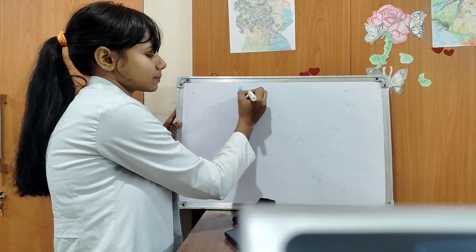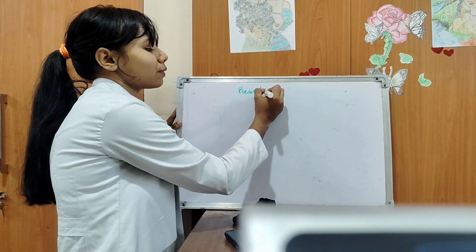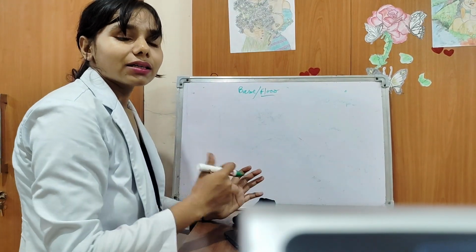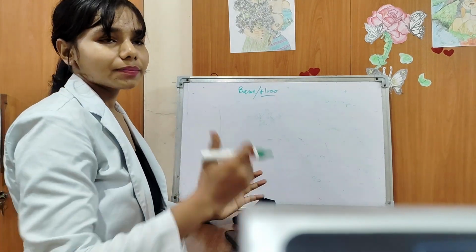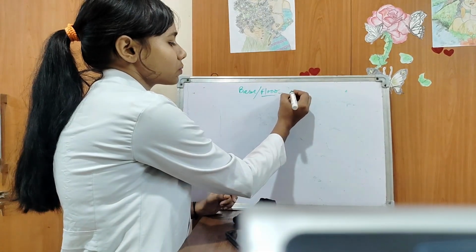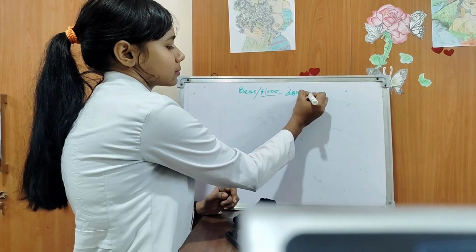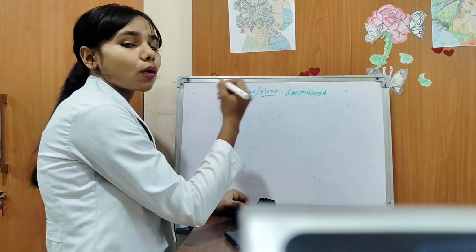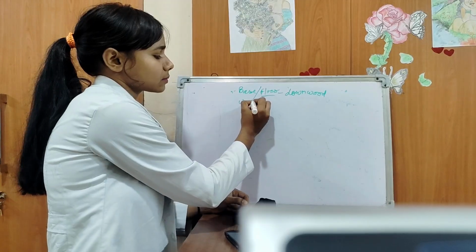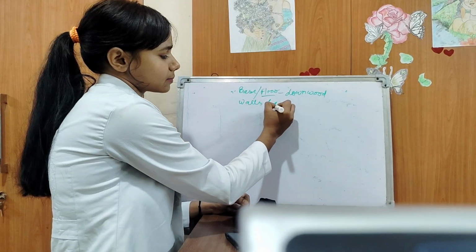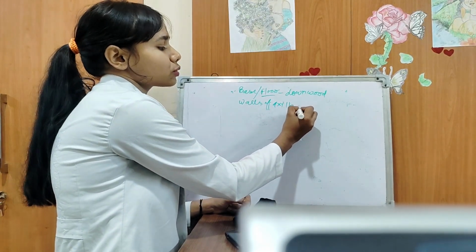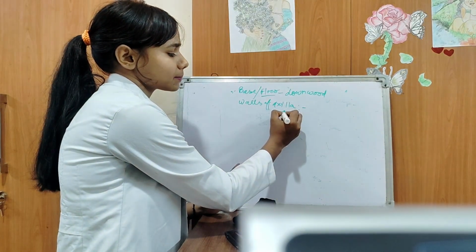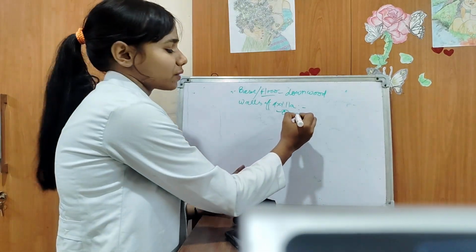So the base or floor is directed downward. And now let's talk about the walls of axilla. There are 4 walls. Number 1, the anterior wall of axilla.